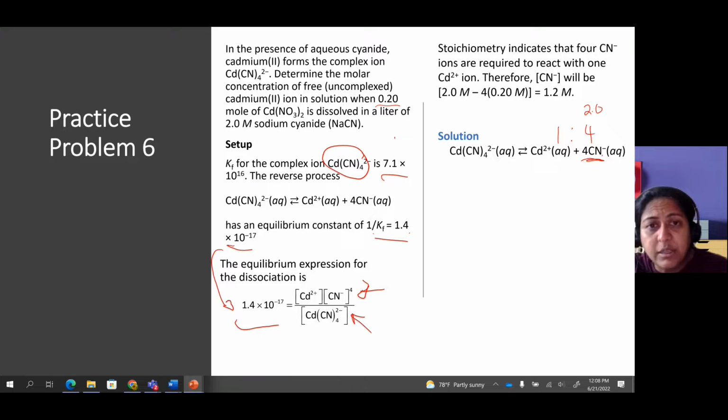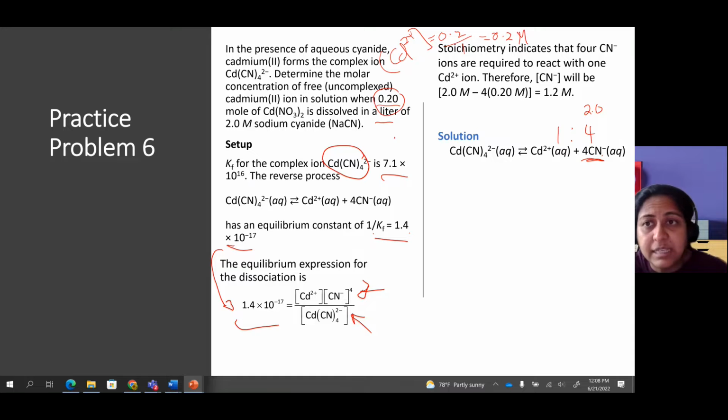But what is the concentration of the cadmium 2 plus now? We have 0.2 moles in 1 liter, so the cadmium 2 plus concentration is 0.2 moles divided by 1 liter, which is 0.2 molar.